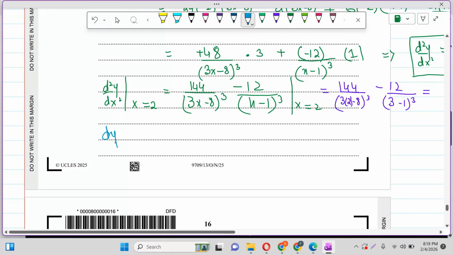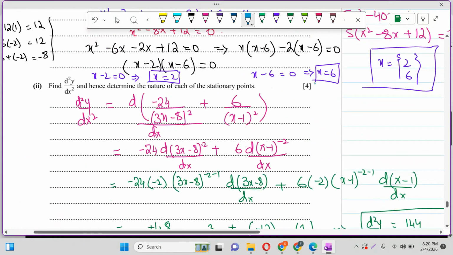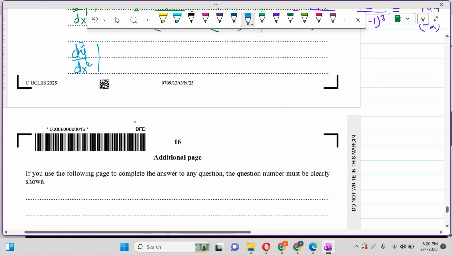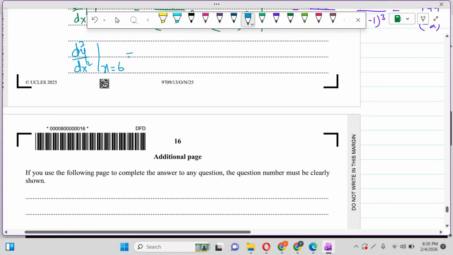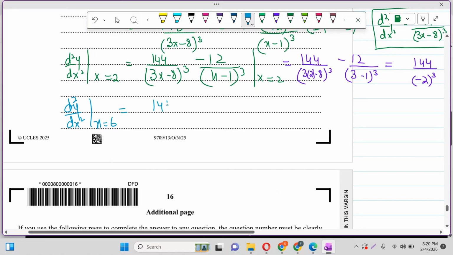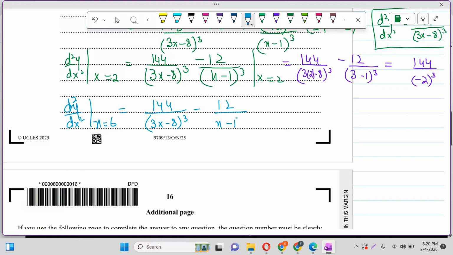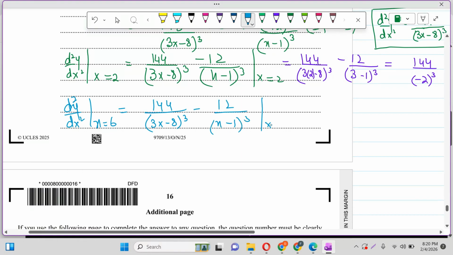Again, for the second derivative of the curve, in this case we will plug in the second x coordinate of the stationary point, which is x equal to 6. This is equal to 144 over (3x minus 8) whole cube minus 12 over (x minus 1) whole cube when x is equal to 6.